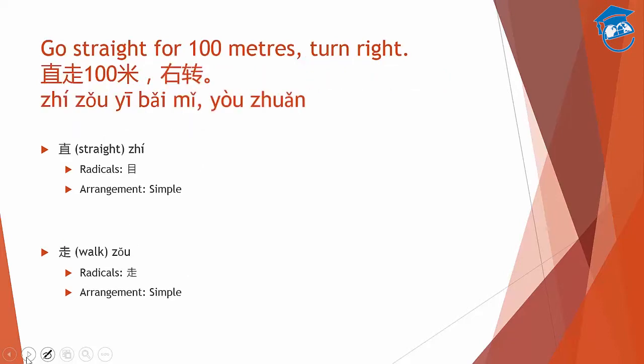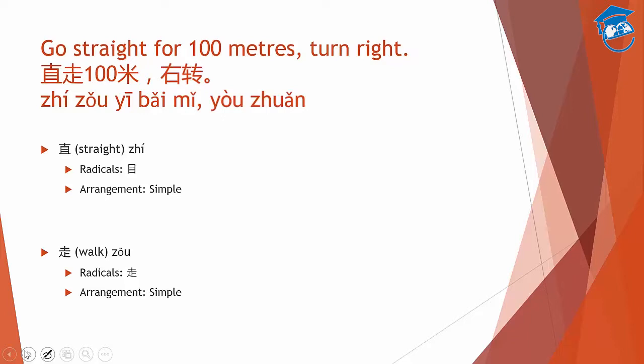So people may be giving some directions, so it's good to know how to say some answers that you may get. So the sample sentence I have here is, go straight for 100 meters, turn right. 直走100米，右转. There are quite a few new words here, so I'll explain them one by one.